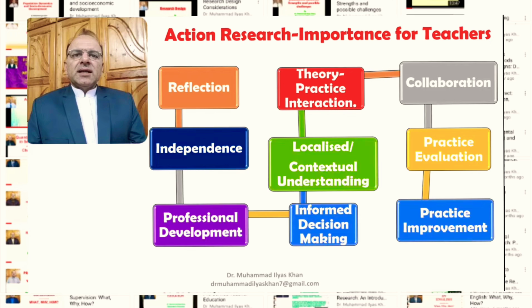Independence. Secondly, generally practitioners, including teachers, are dependent on academic researchers for understanding their professions and their subjects.